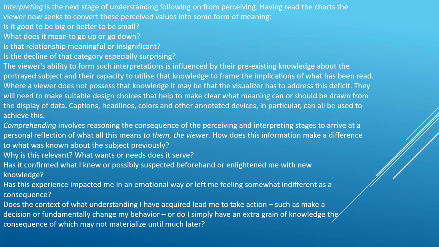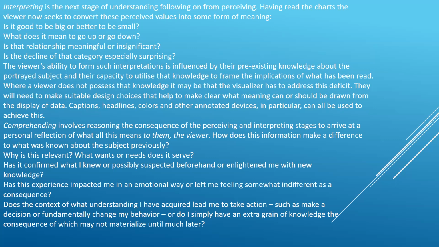For the interpreting part, which is a very important part, it's mainly the next stage of understanding, following on the perceiving one. So what we need to understand is, we should know if the data we are dealing with is big or small. Is it better? What does it mean to go up or down? Which means, if the data is going up, what does that mean?